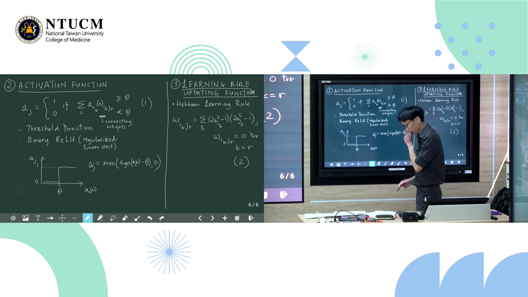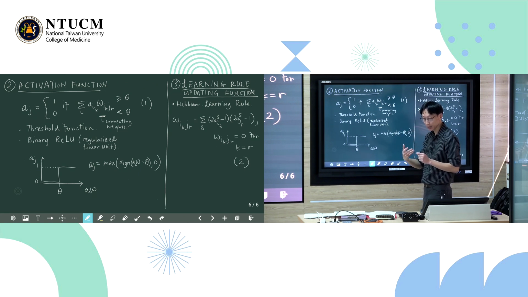Let me unpack it. This function looks very weird. It's like arbitrary. Why 2a minus 1, 2a minus 1? You'll see how it works out later on. But the qualification is that the weights that connect input I to output J will be equal to this 2a minus 1 function, except when I and J are the same.